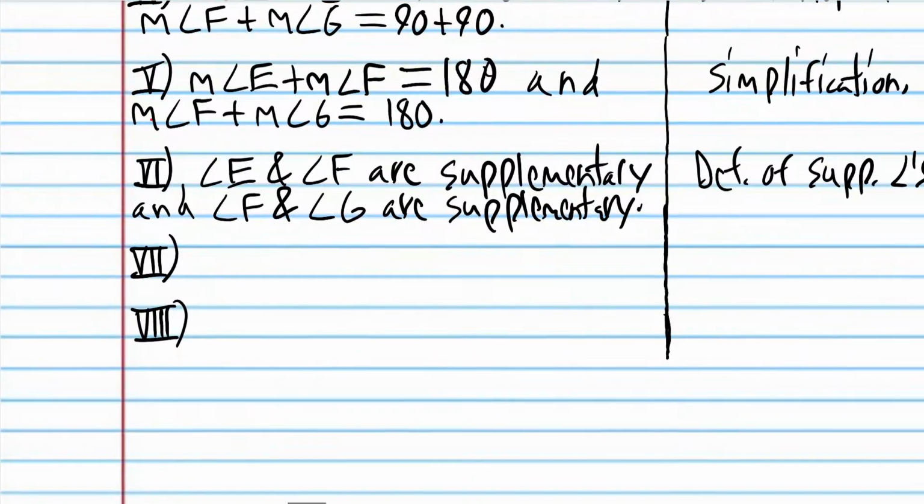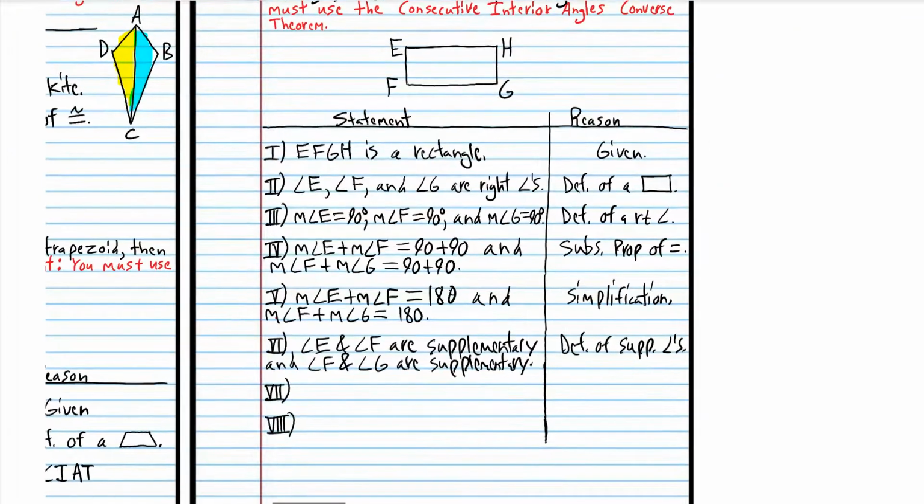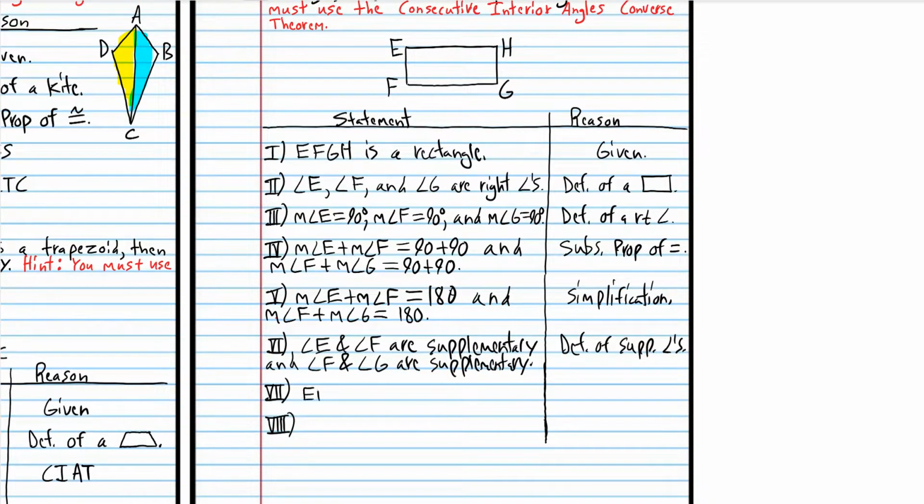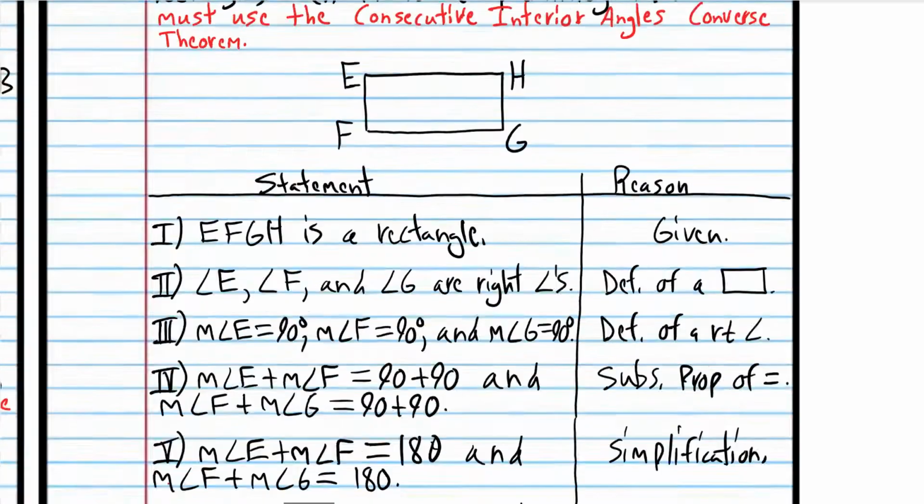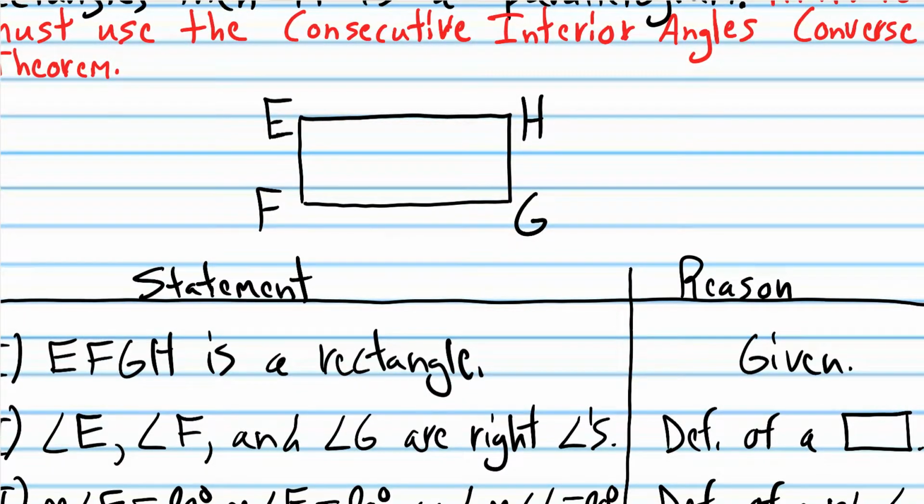So we can now say that EH is parallel to FG, segment EH and segment FG. And we can also say, because F and G are supplementary, that proves that these segments are parallel. So EF is parallel to HG.